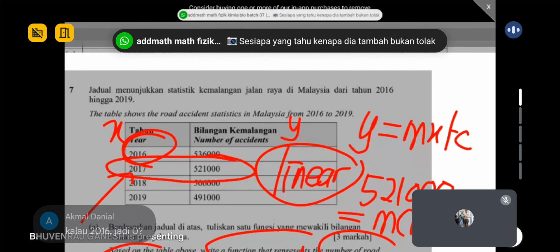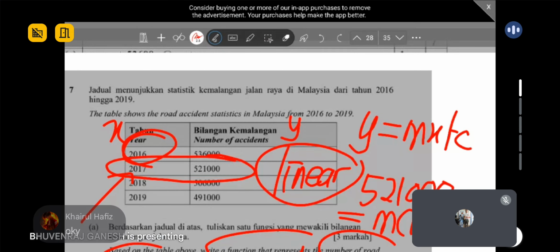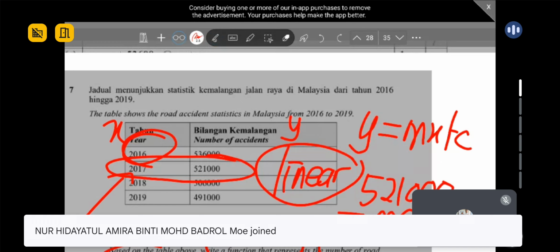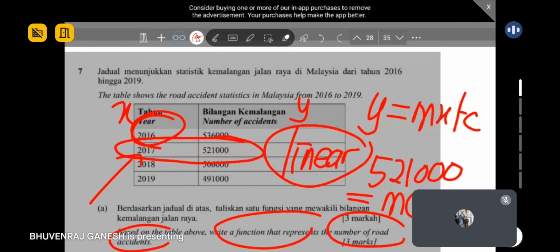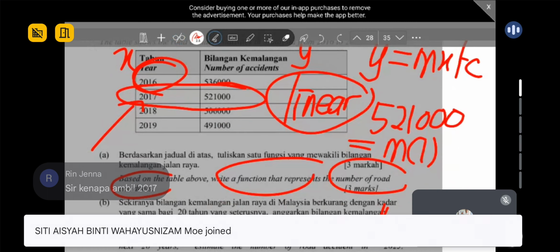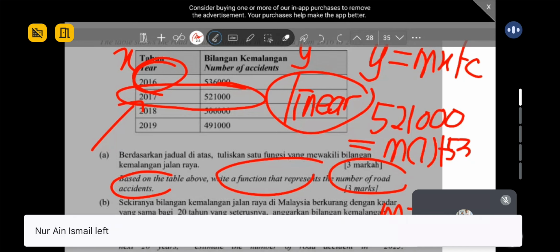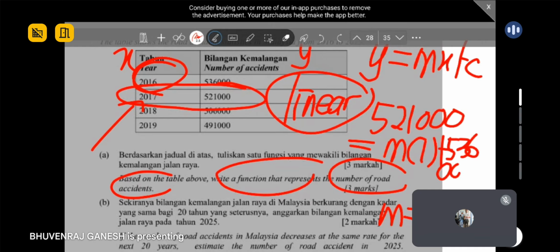That's why our y-intercept is 536,000. So we immediately get the y-intercept. Okay, so you can solve for your m value. Let me check and see. Okay, yes. You will get m as negative 15,000. If you solve it, you should get m is negative 15,000. Okay, this one is plus 536,000.